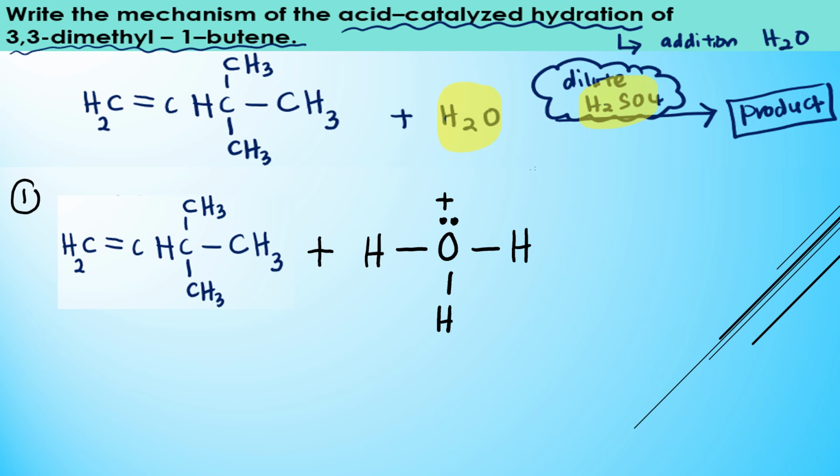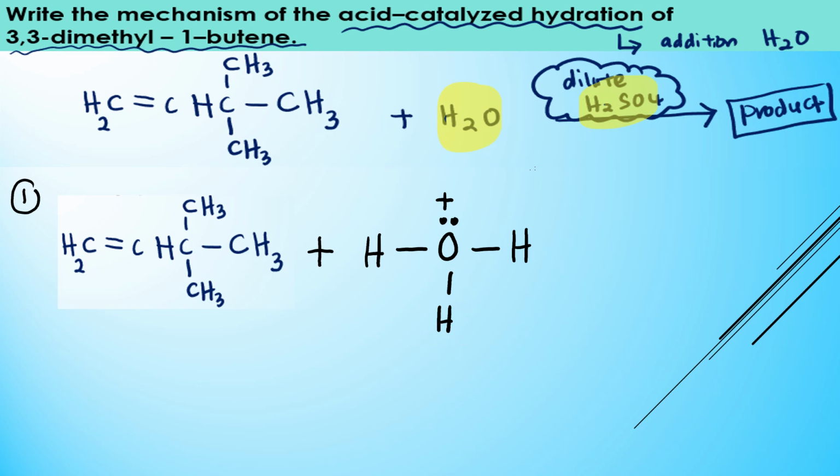So, what happened in the first step? We have the carbon-carbon double bond, which is the electron-rich site, acting as the nucleophile to attack the electrophilic site. In the H3O+ structure, each H atom is an electrophilic site. It doesn't matter whether you attack the left H, right H or bottom H, either one.